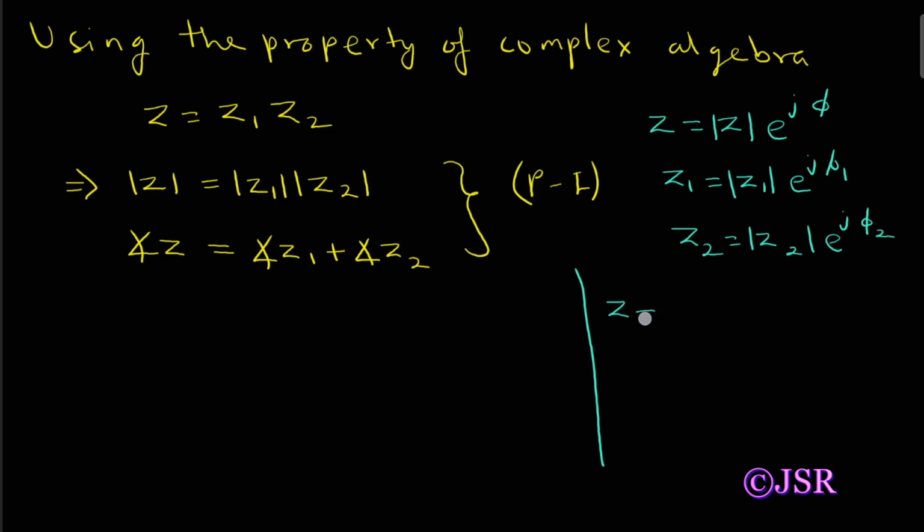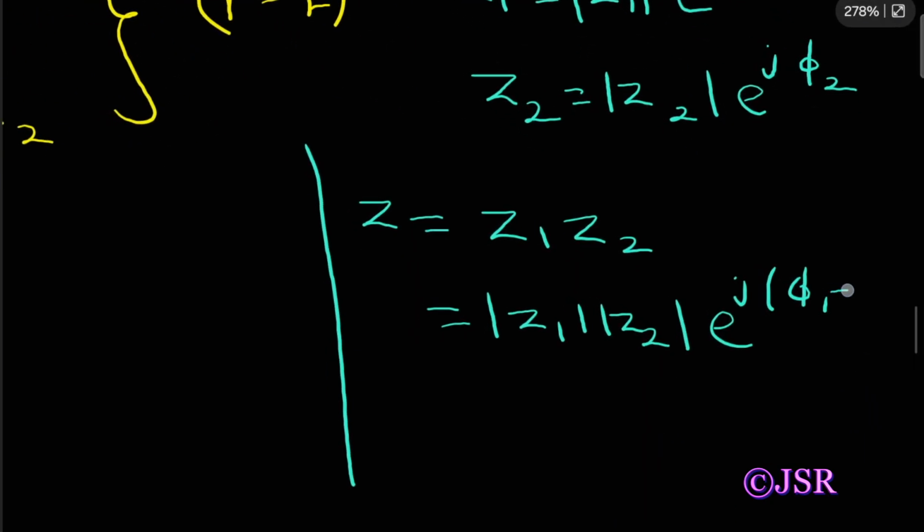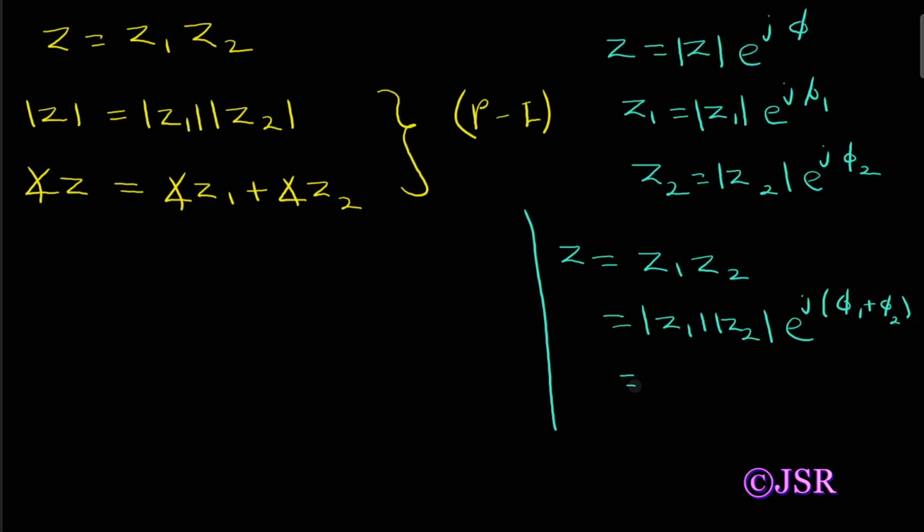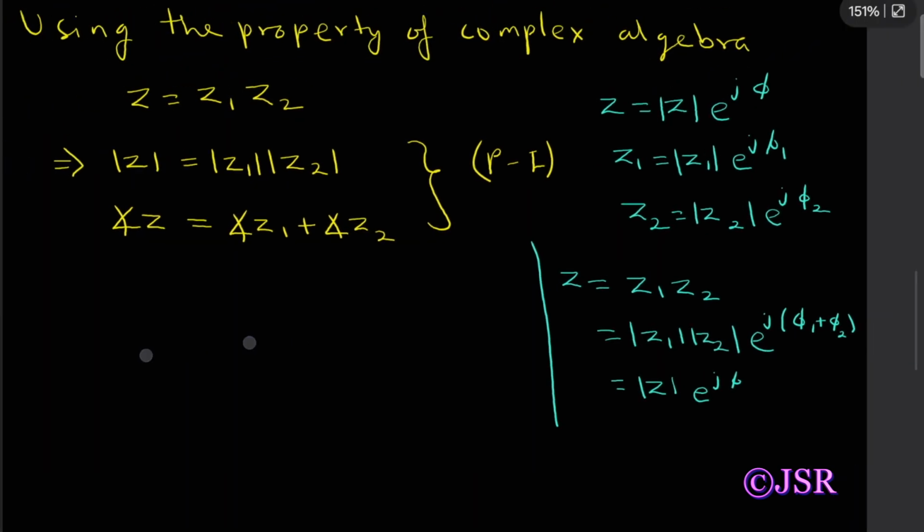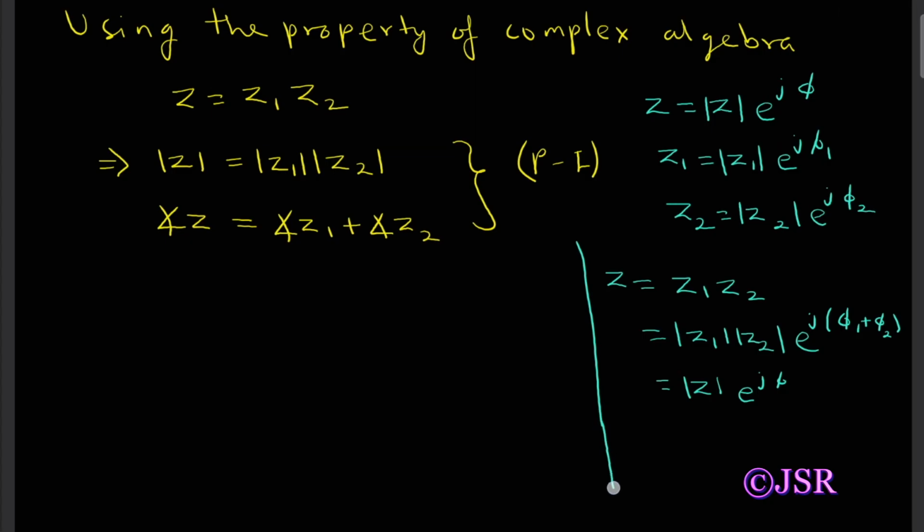Therefore Z equals Z1 into Z2, which is mod Z1 mod Z2 e to the power j (phi 1 plus phi 2), and which equals mod Z e to the power j phi, with phi equal to phi 1 plus phi 2.